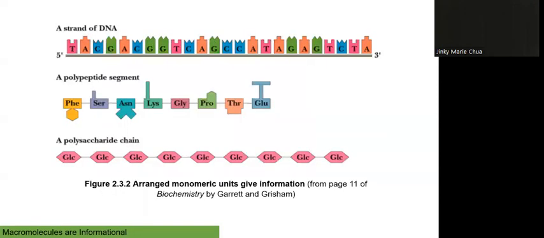So the next picture shows the second important attribute of biomolecules, which is that they are informational. And these are actually the amino acids.